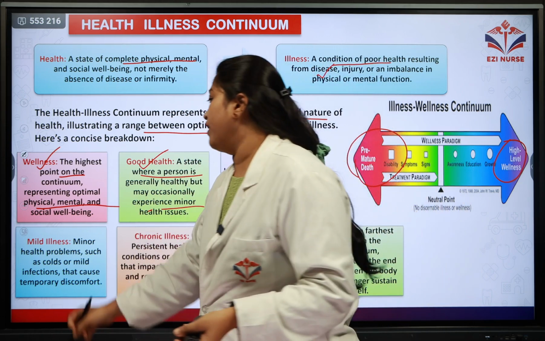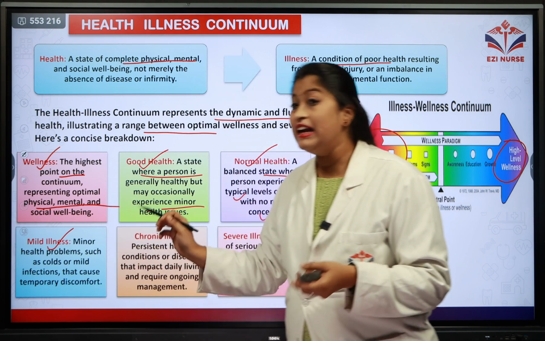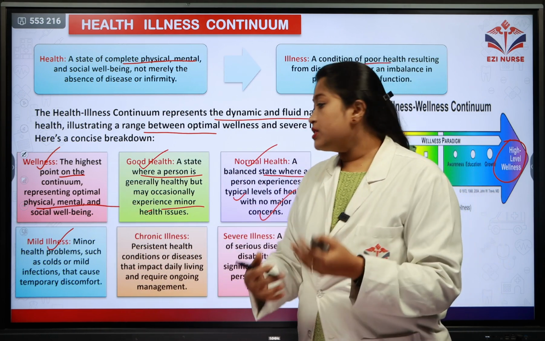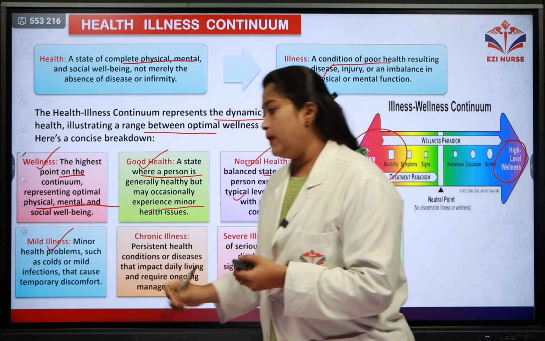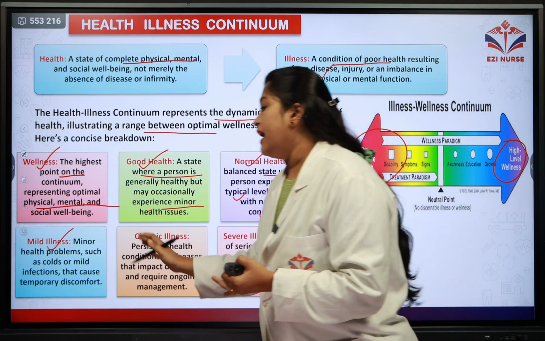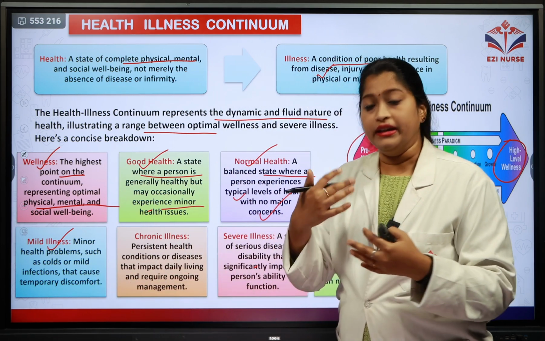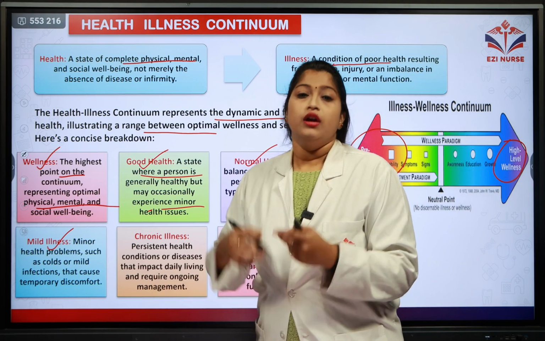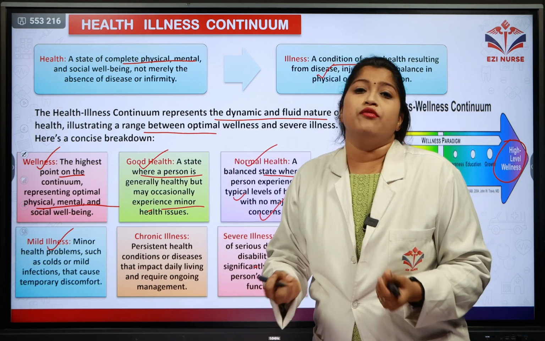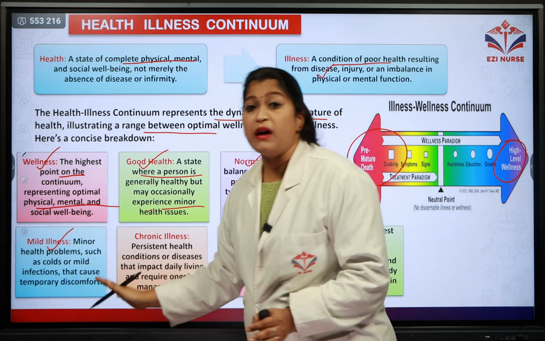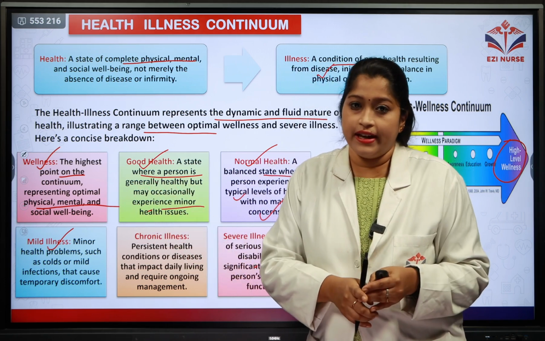Coming to the next point, we are discussing mild illness. In the sense, the person has minor health problems such as colds and mild infections that cause temporary discomfort. Temporarily he is discomforted because of these mild illnesses he is facing in his life.